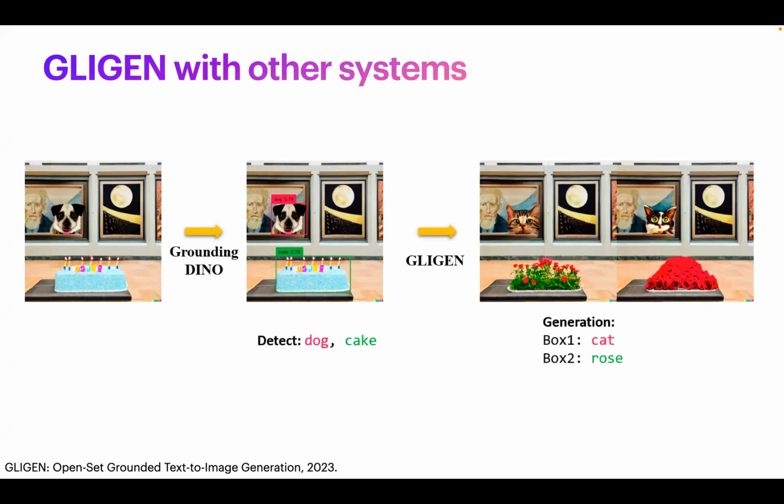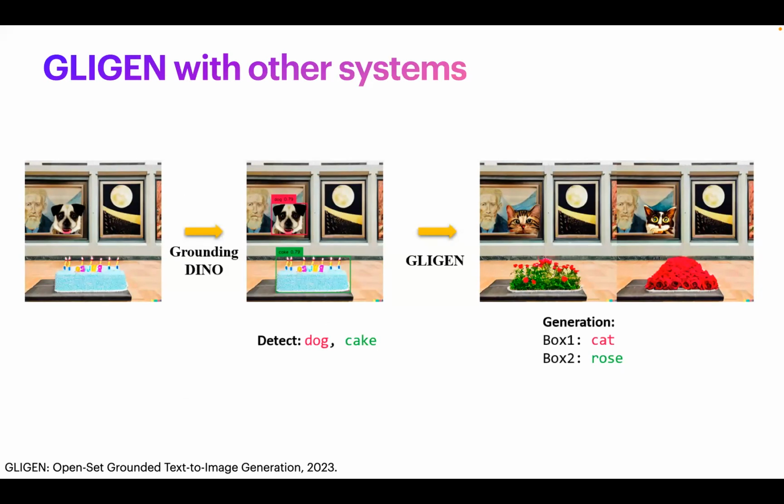You use those bounding boxes as the prompt for where to prompt, and it's sometimes better than using models like InstructPix2Pix, because sometimes that method doesn't precisely find the dog that I want to transform. So instead of giving a prompt like that, you precisely find the bounding box for the dog and then generate the cat.